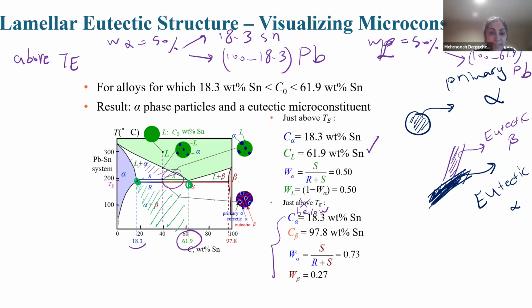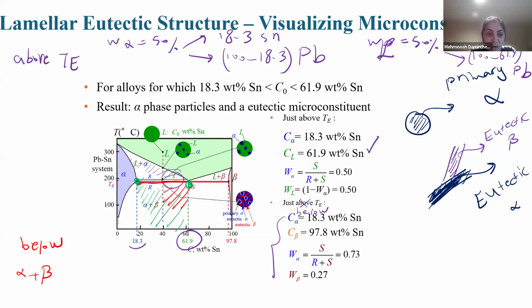For a little below that, means we are in alpha plus beta below.